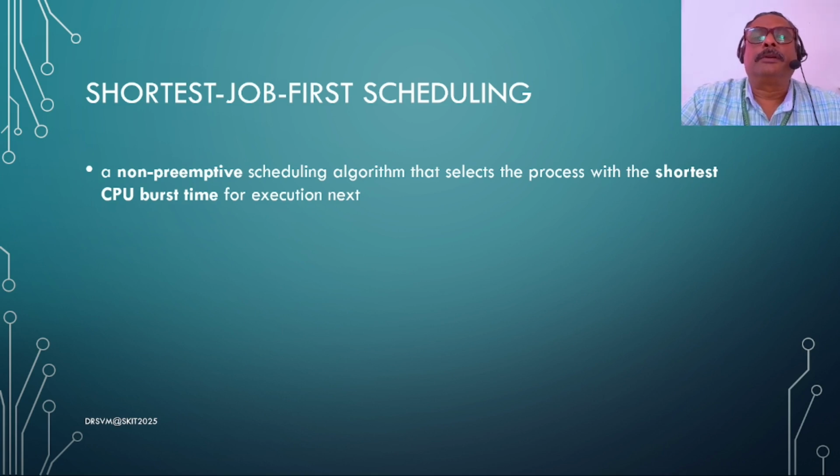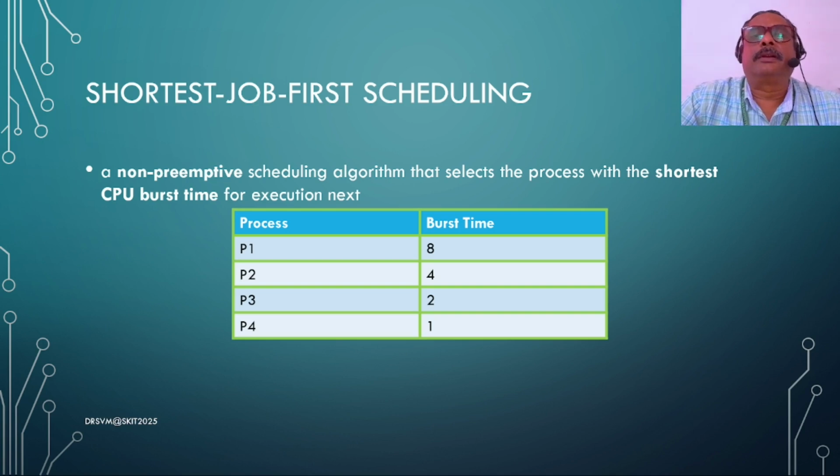So among all the processes in the ready list, it identifies how much time each process needs to complete its execution, arranges them in ascending order as per the burst time, and then the smallest burst time process is allotted first, and it continues like that.